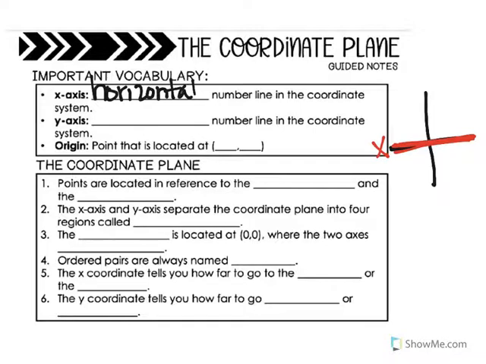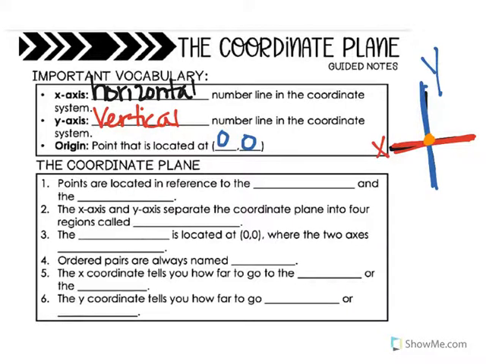The y-axis is the vertical number line in the coordinate system. So this vertical line represents the y-axis of my coordinate grid. The origin is the point that is located at 0, 0. So it splits, right dab in the middle of our grid.